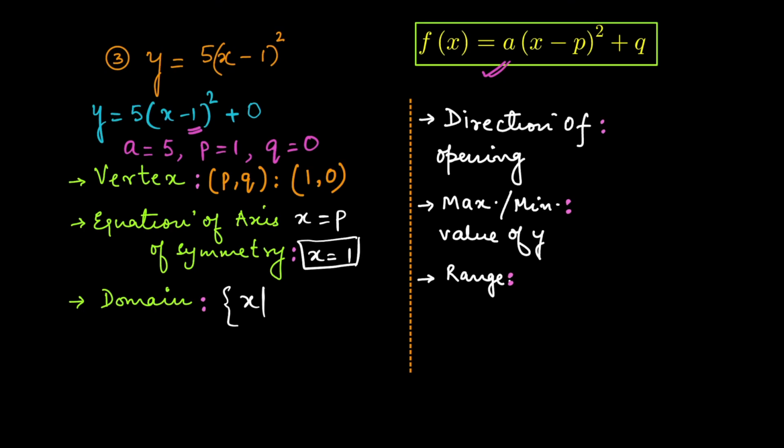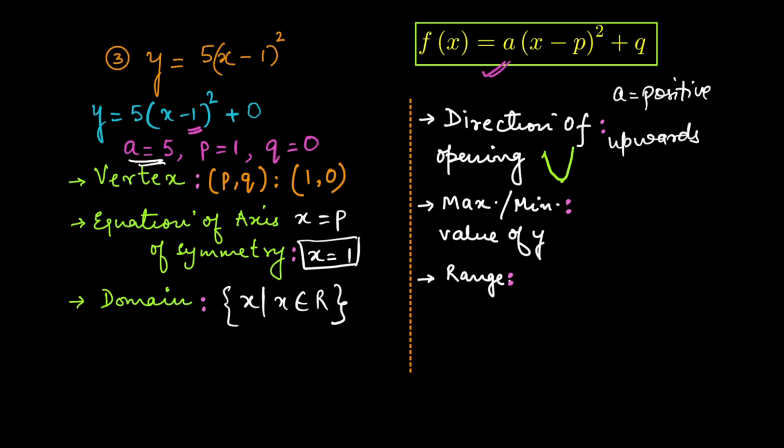Domain: always x is such that x is a real number. For the direction of opening, we look at the value of a. The a value here is positive, so the direction of opening will be upwards. Upwards means the shape will be something like this.